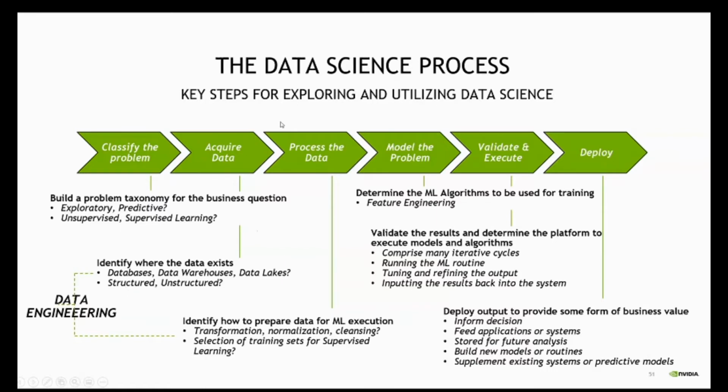The third step is obviously, whenever you get this data, it will also have a lot of columns or feature sets which might not be relevant for solving that business problem. Hence, you will have to go through a series of transformation, normalization, and cleaning to get the data in the right structure, so that it is ready to be consumed by these algorithms.